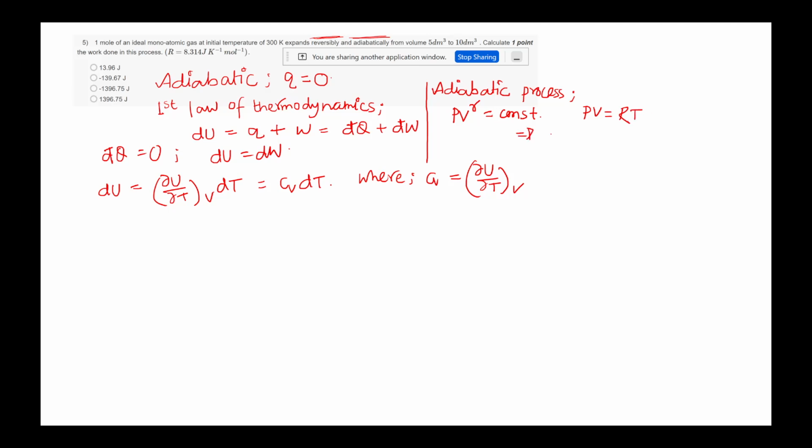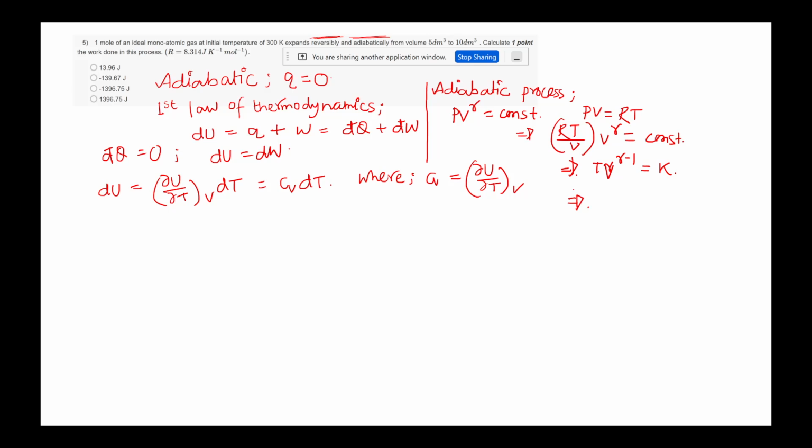So we can write P as RT by V times V to the power gamma is constant. Then we can write T V^(gamma minus 1) is another constant, let's say K. Also we can write it in terms of this kind of expression.